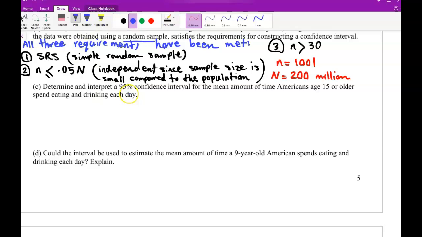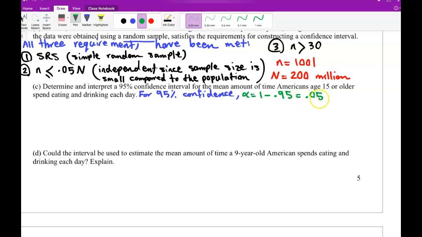Okay, so confidence is 95%. So alpha is 1 minus 0.95, that is 5%.